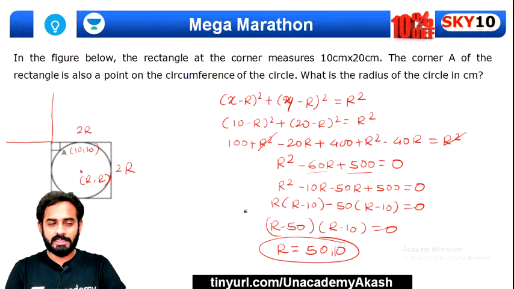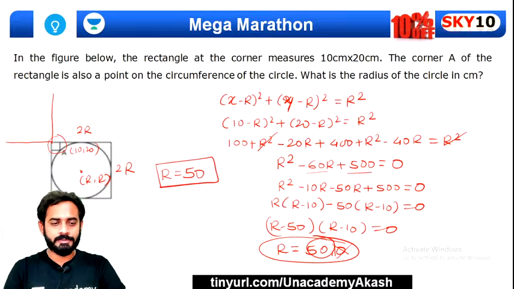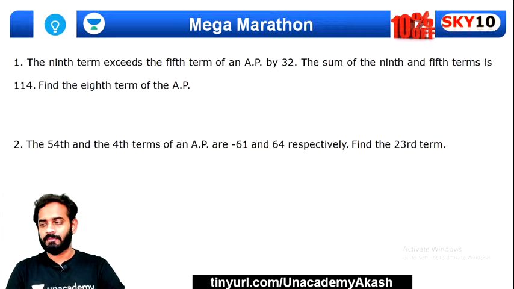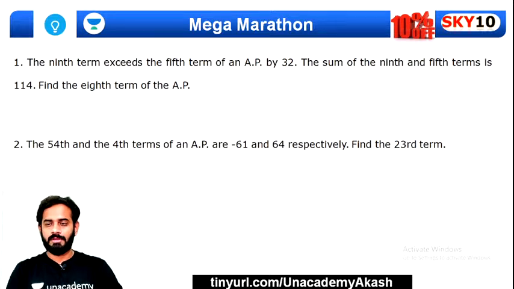If the radius is 10, then we cannot have a rectangle at this corner having dimensions 10 and 20. That's why 10 is not possible, 50 is possible. So the value of r is 50. Very simple. I hope there is no doubt. Okay, let's try to solve the next question now.